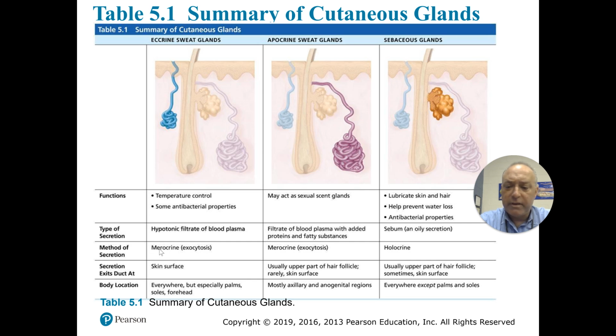It's exocytosis in a nice controlled fashion, as well as the apocrine glands are also merocrine when they exocytose their sweat. The sebaceous glands, however, are holocrine, which means that these pop. They develop pressure, and the method of secretion is popping of the follicle.